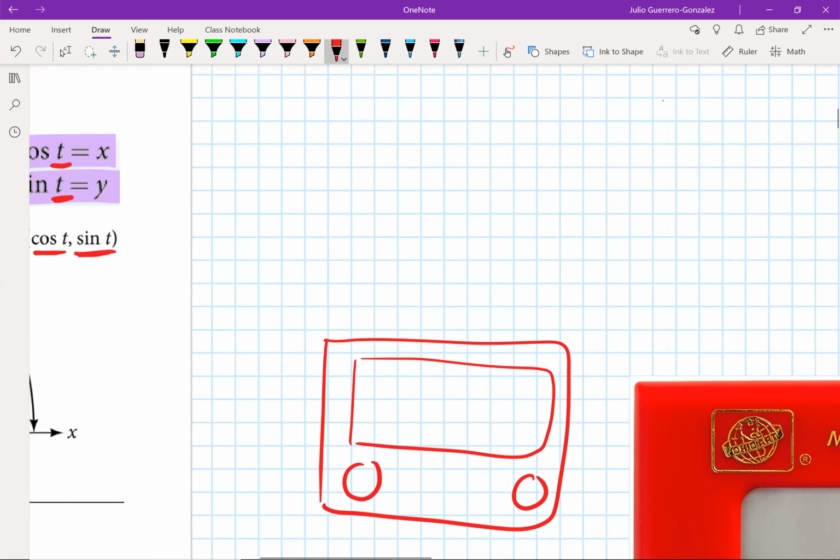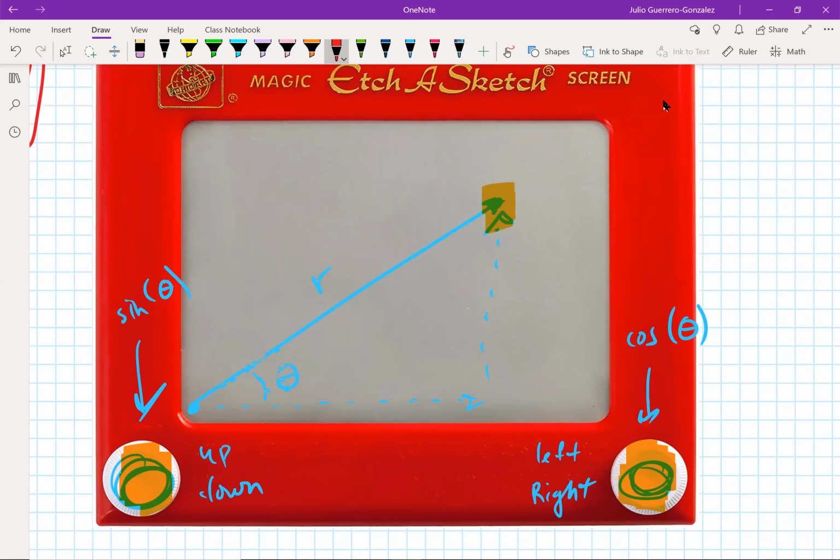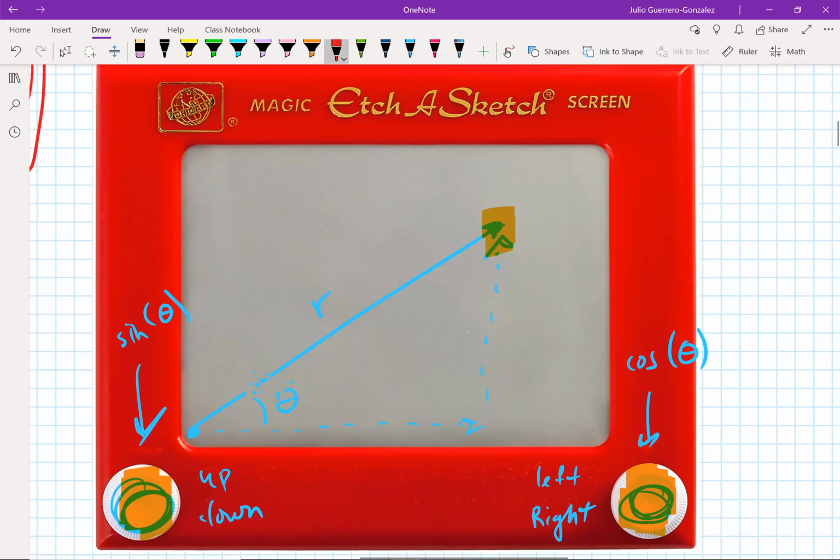The best idea I can give you guys for how sine and cosine really work, or the best analogy toward them, is an Etch-a-Sketch. If you guys remember the Etch-a-Sketch, this knob down here did the up and down, and this knob over here did the left and right.